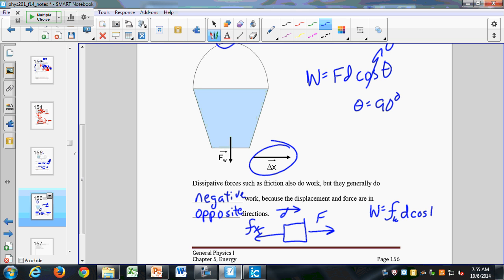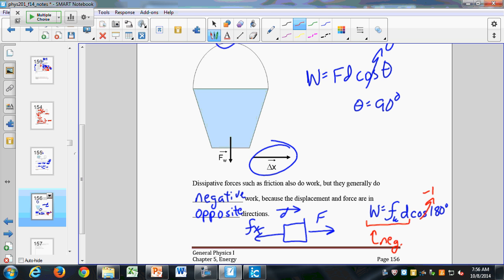And that's where that negative comes in, because the cosine of 180 is equal to negative 1. So the work done by this force is negative. If I have a force that's opposite the direction of the motion, it's going to produce a negative work.